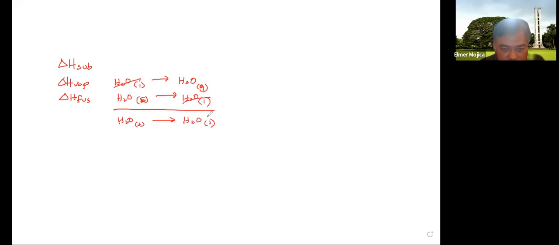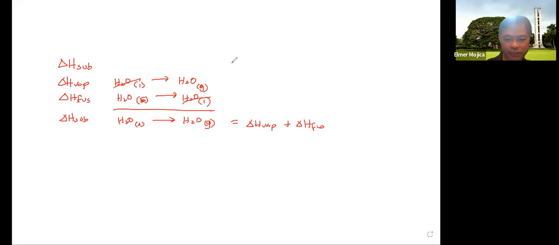Oh, it's the gas. And this is what we call the heat of sublimation. And from this, you could say that you just add heat of vaporization plus heat of fusion. So it's just an application of the topic that we have just learned, Hess's law. Okay? So heat of sublimation is always higher than heat of fusion.